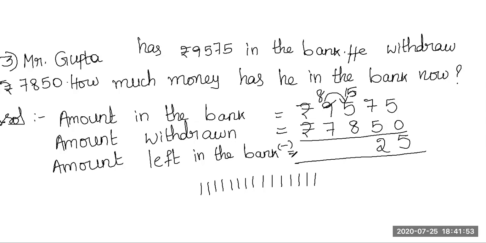How many should I cut? 8. How many are left? 7. So open your 8 fingers and close 7. How many are left? Yes, 1. So how much money is left in the bank? 1,725 rupees.